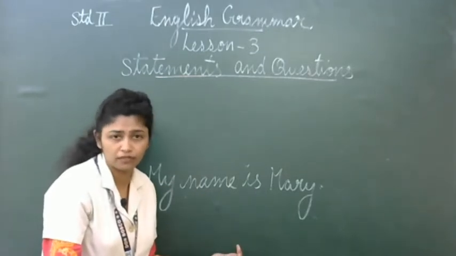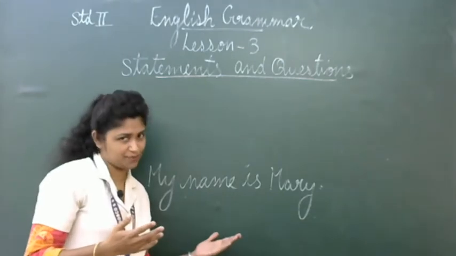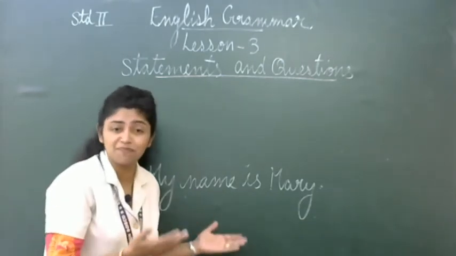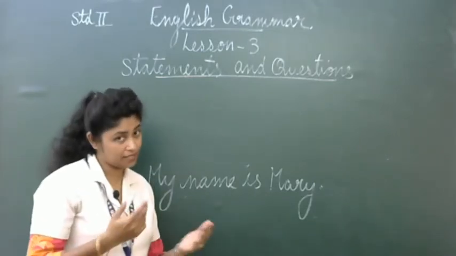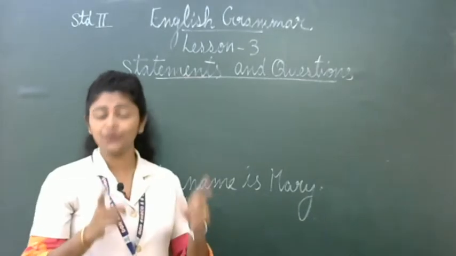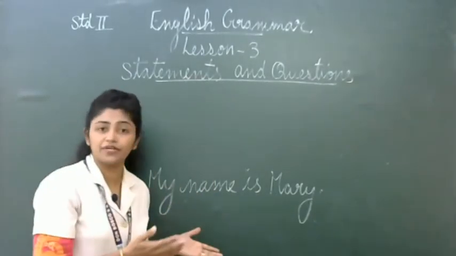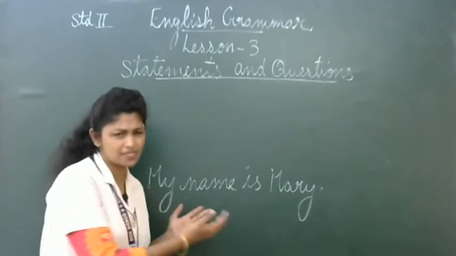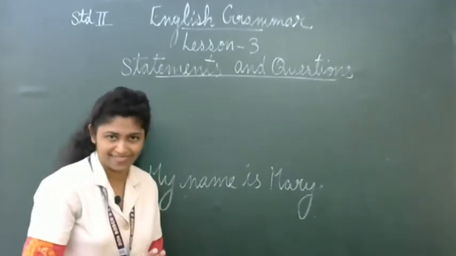Is it a very complicated sentence? No, it's a very simple sentence, very easy to understand. And not only that, this sentence is telling you something. It is telling a person's name. So this is a simple sentence and it is telling you something, isn't it?